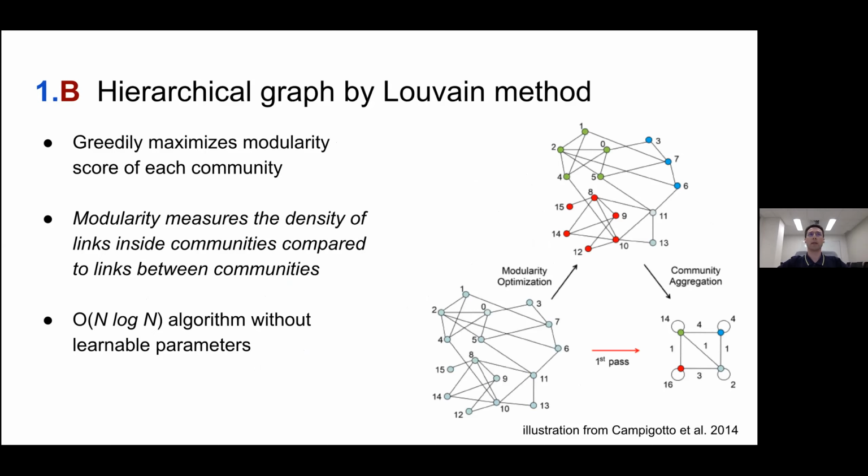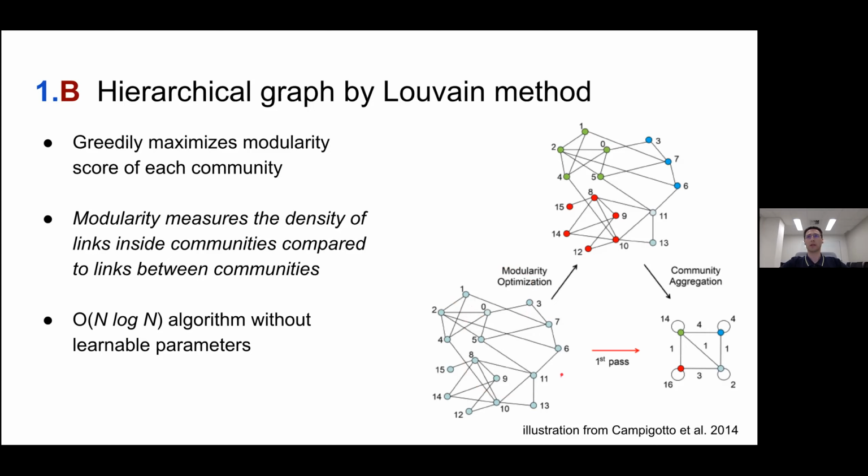The Louvain method is based on greedy maximization of modularity of each community in the graph. So it's pretty much clustering based on optimizing this modularity score that measures the density of links inside the communities compared to the links between communities. It runs roughly in n log n time, and it's deterministic up to a random seed.